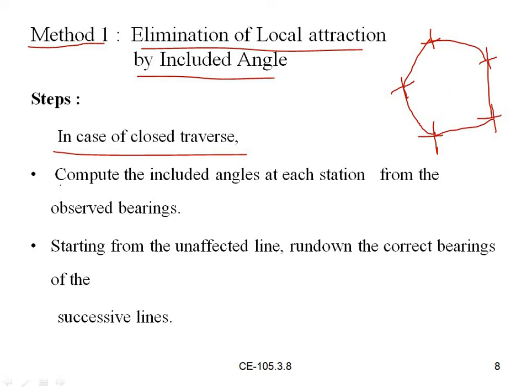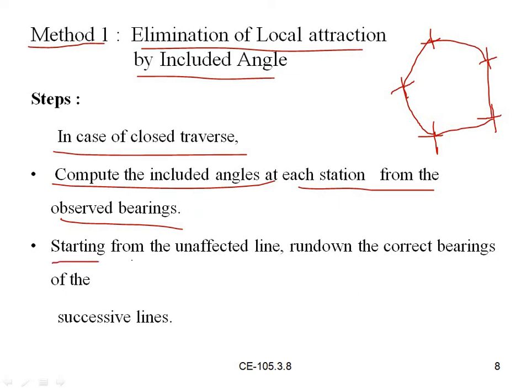In a closed traverse, compute the included angles at each station from the observed bearings. That means we have to check each station point and find out the included angle from the observed bearings.